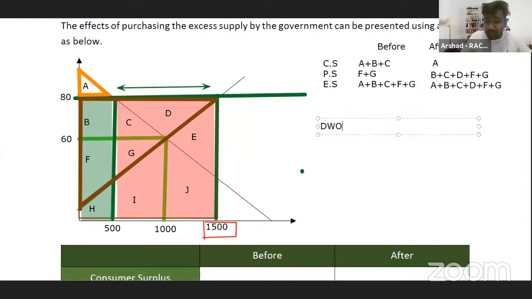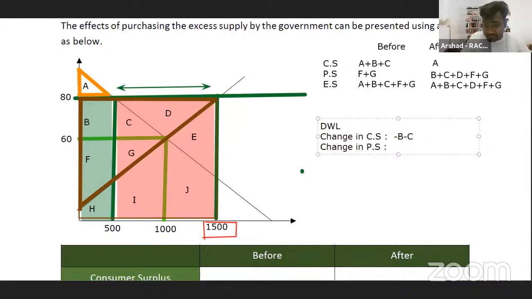Okay, the deadweight loss. Can you all tell me the change in consumer surplus because of this minimum price and the government intervening? What is he losing? He is losing B, and he is losing C. Can you tell me the change in producer surplus?